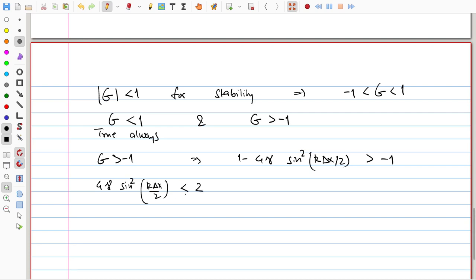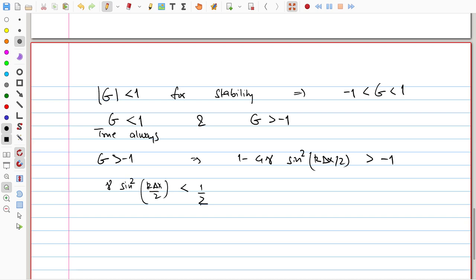So I can divide both sides by 2. So this is the stability condition we get. Gamma times sine squared k delta x by 2 has to be less than half. Now remember, this has to be true for all k values. Only then my scheme is stable.